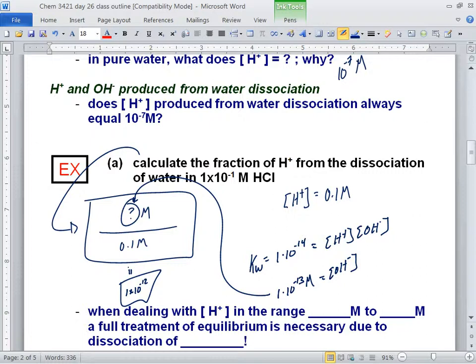Does that make sense? All I did is just divide by 0.1 or multiply by 10. So it's extremely small, the fraction of hydrogen available that's from the dissociation of water. Yeah, it's extremely, extremely small. Okay.